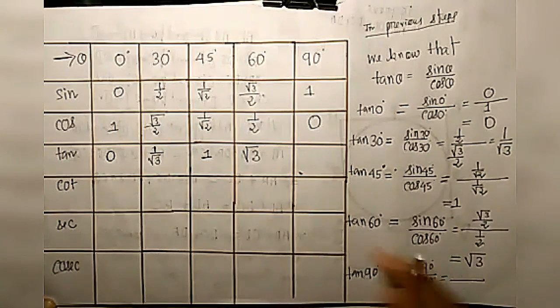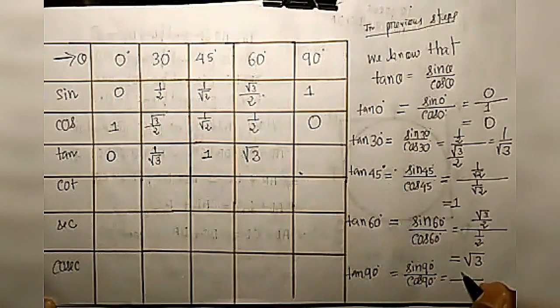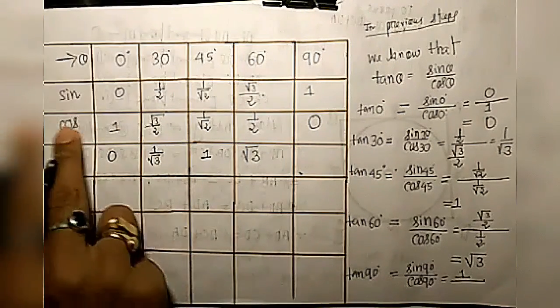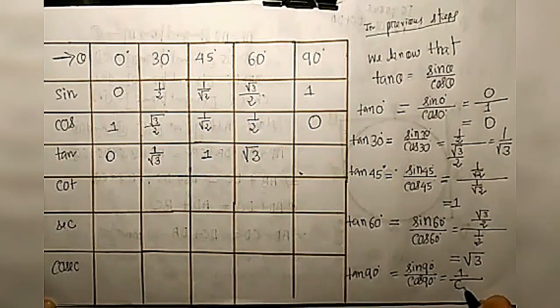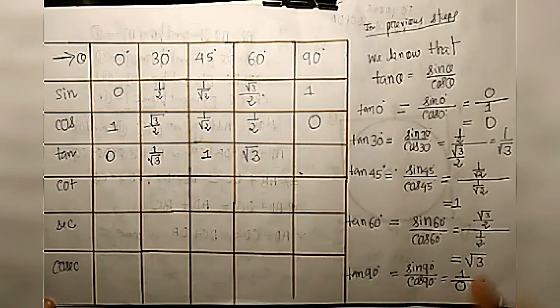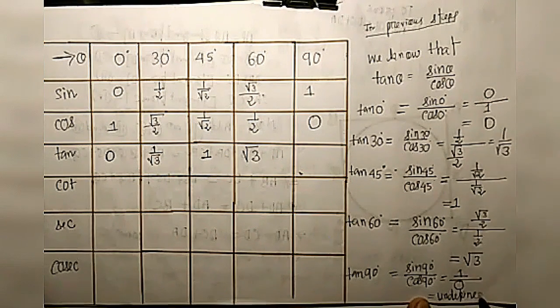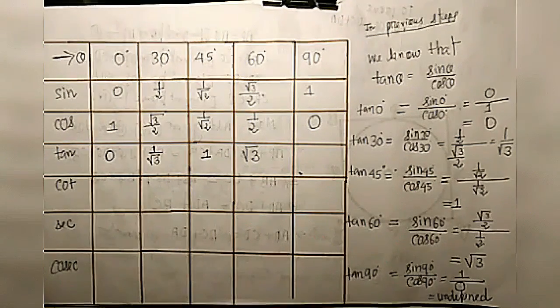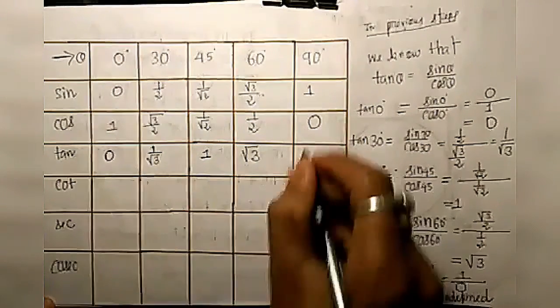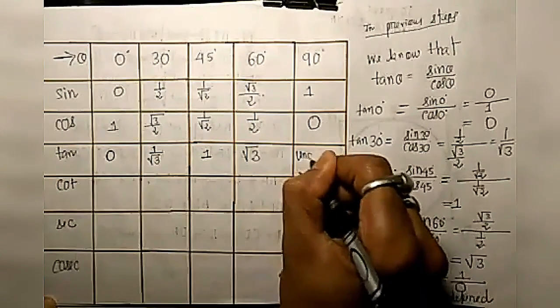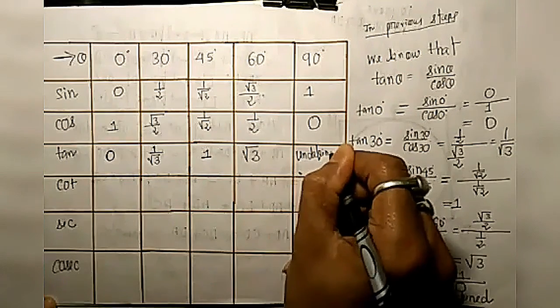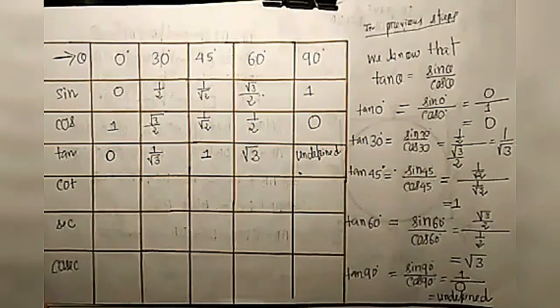It is equal to 1, and cos 90 is equal to 0. So 1 by 0 means undefined. We know that in the denominator there should not be any 0. So tan 90 is undefined. We cannot find the value.